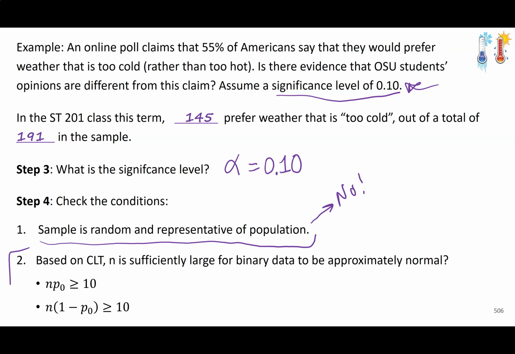So this is slightly different than before. Conditions-wise, I need to know, is a sample size of 191 big enough? I can tell you right off the bat, probably, but let's check.